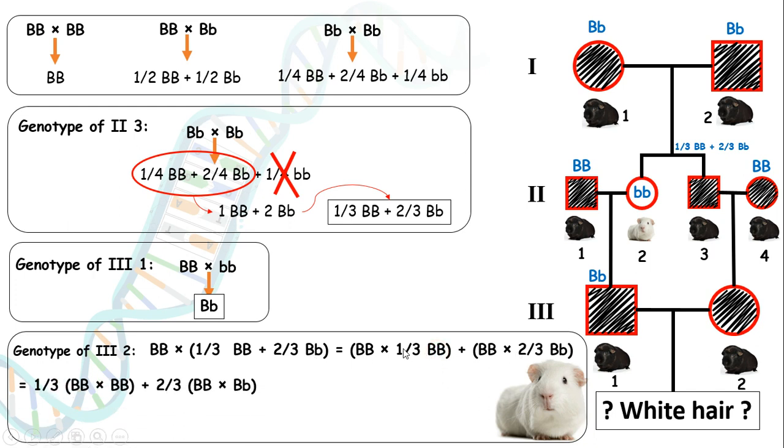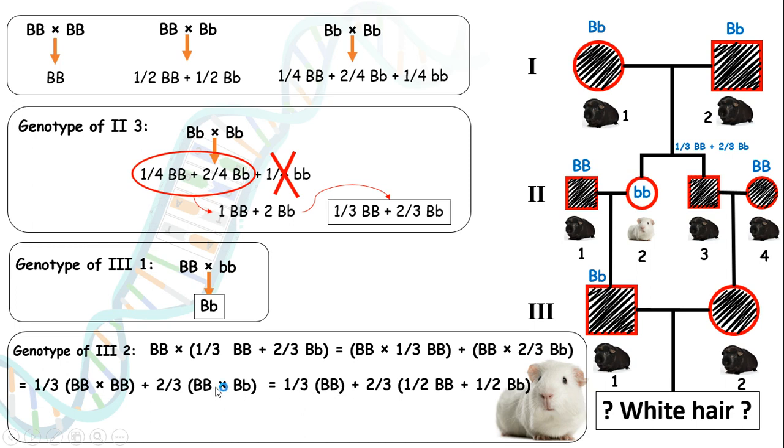So as you know in math, the 1/3 and 2/3 can come out of the parentheses. We will have 1/3 of this cross and 2/3 of this cross, and we just need to find the proportions of each cross.